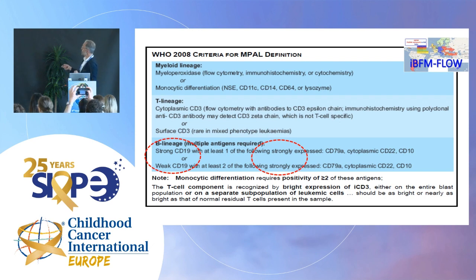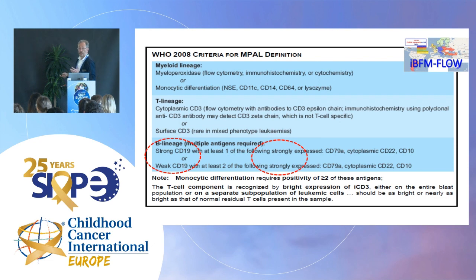And WHO nowadays stepped over to take this and build some more condensed criteria. Meaning that, for example, if you have an MPAL, the mixed phenotype leukemia, you have myeloperoxidase on it, as said, and markers of a T or B lineage.